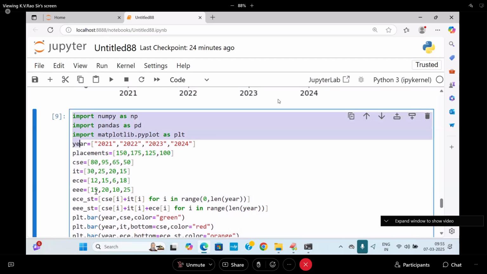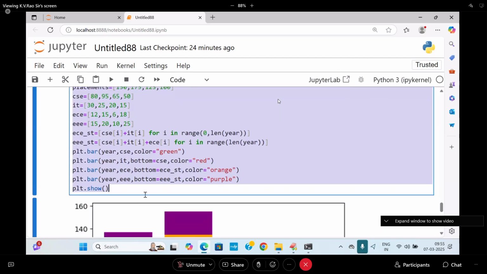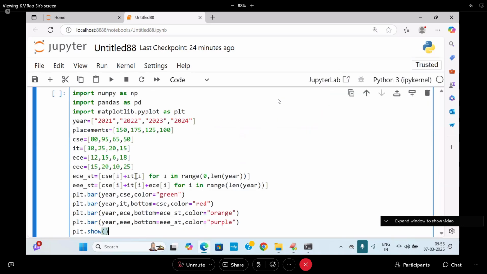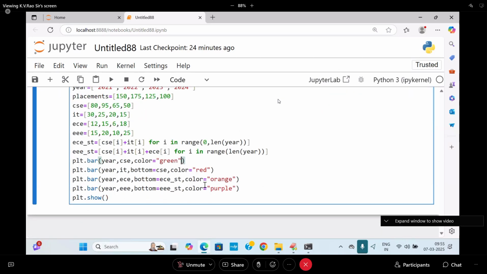What is the legend to be taken now? How do I take it now? So coming to the point of it, here I will take label. So for CSC, here I am writing label is equal to what?